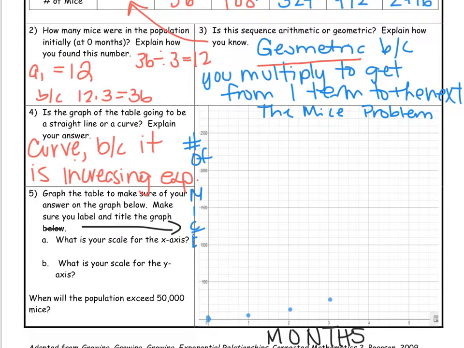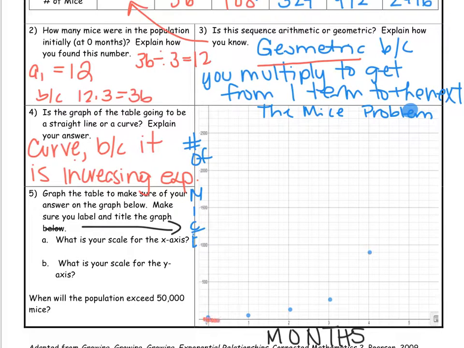And again, we're estimating where our dots go. At 4 months, the mice population was 972. So here you can see where it's starting to increase. And then at the end of 5 months, the mouse population was 2,916, which on our graph is all the way up here.